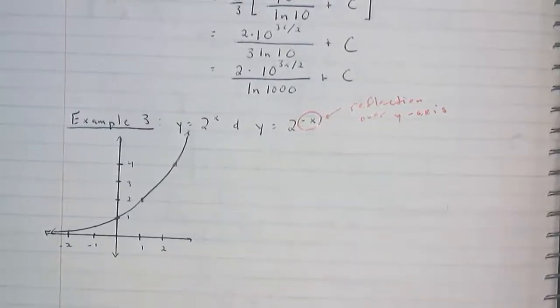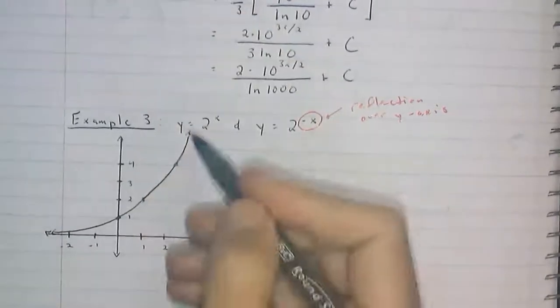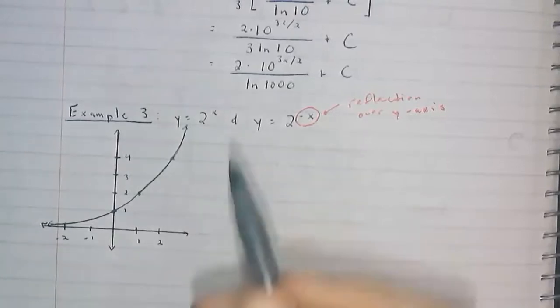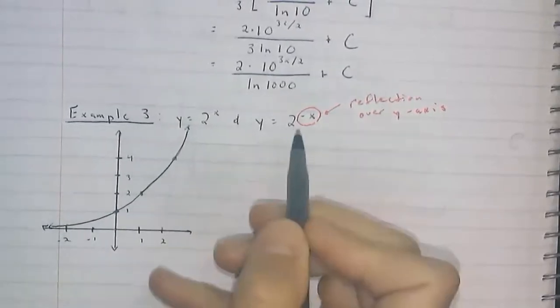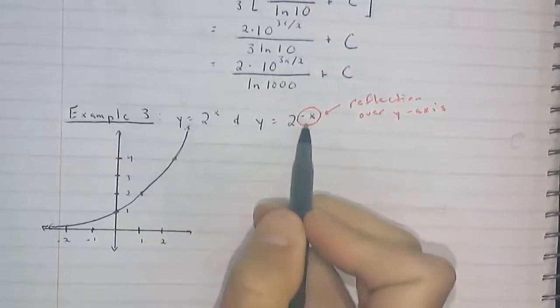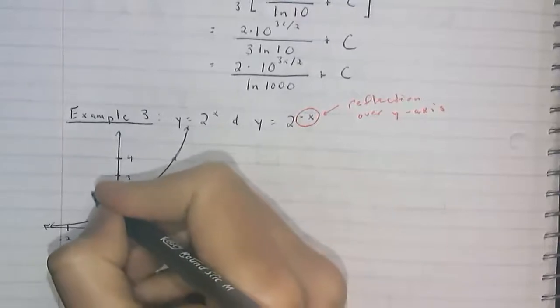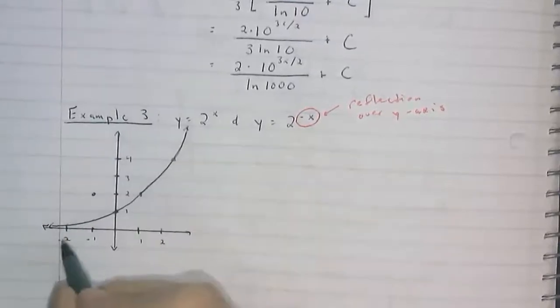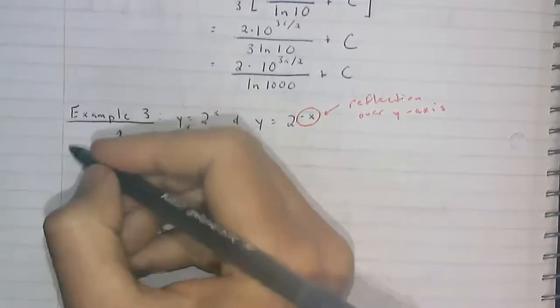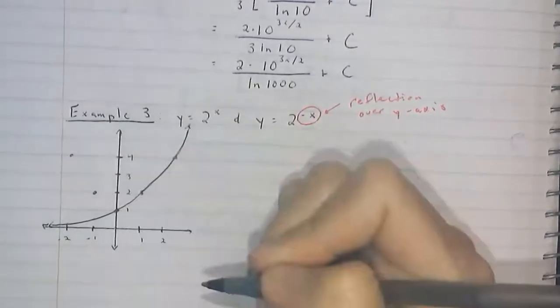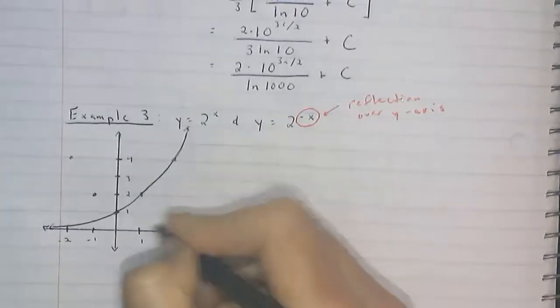So this curve is this curve reflected over the y-axis, which also makes sense analytically, because if you plug in a -1, 2 to the -1 is 2 to the first, so we get this point. Or -2 becomes a +2, and we get a +4. They share a y-intercept, and then they're just reflections of each other.